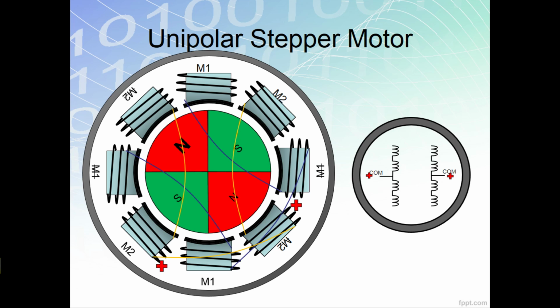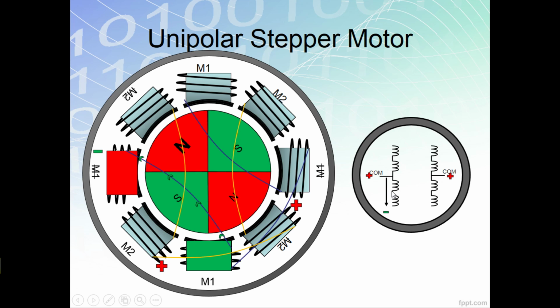So how does a unipolar stepper motor work? If this is positive and I connect a negative voltage here, it is expected that the current will be flowing in this direction. And if the current is flowing in this direction, the coil will be energized as shown. Take note that the top part of phase 1 is not energized, only the bottom part.